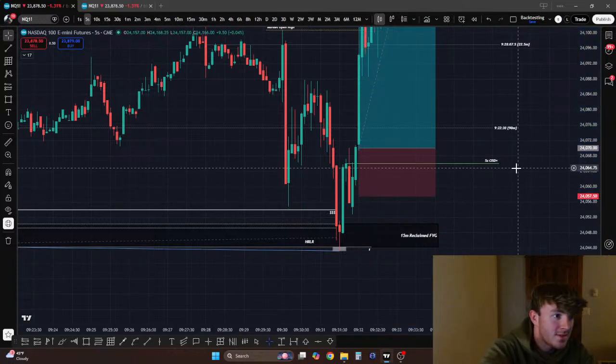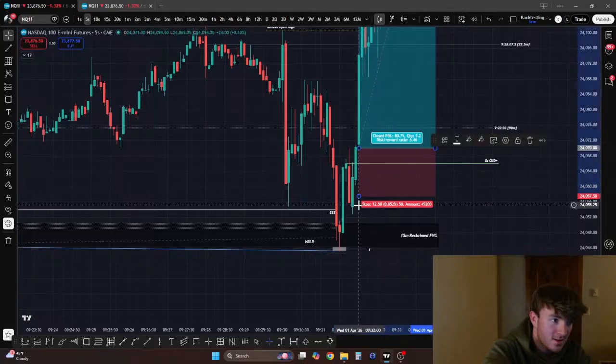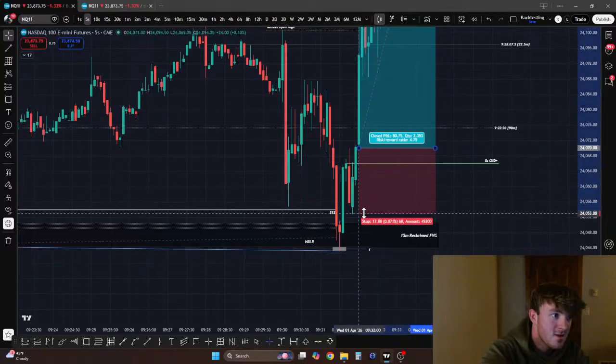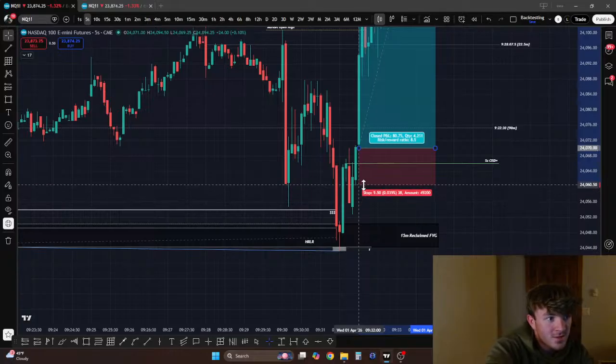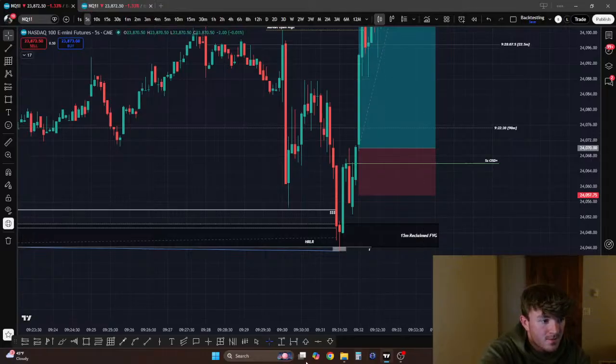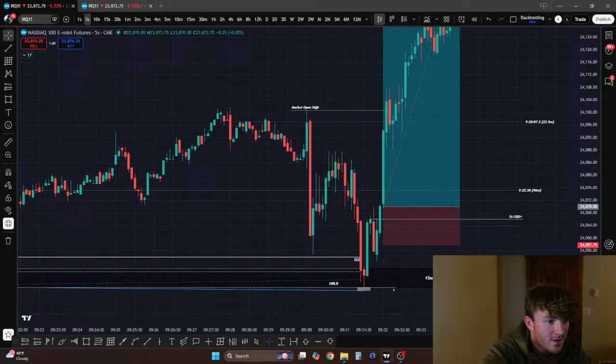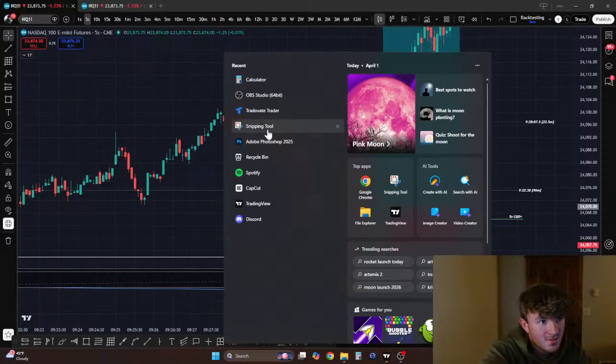That's a personal preference thing. If you have it tighter, you end up with a 6R instead of a 5R. If you have it super tight, you end up with an 8R. But the power of just one good trade, right?